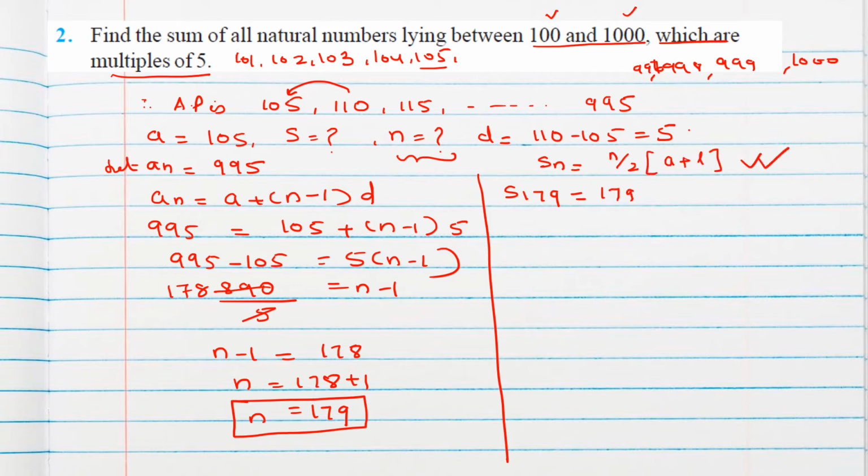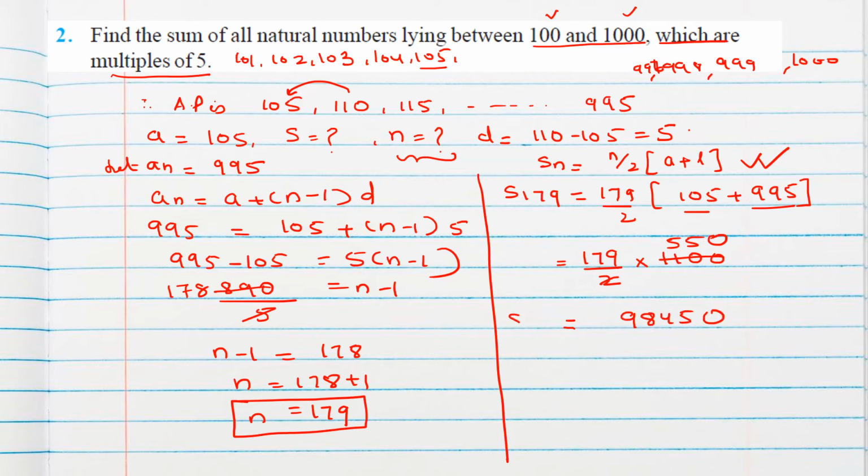So 179 by 2 times 105 plus 995. 105 and 995 will be 1100. So 1100 divided by 2 will give 550, which after multiplication with 179 will give 98450. So the sum of the 179 multiples of 5 is 98450.